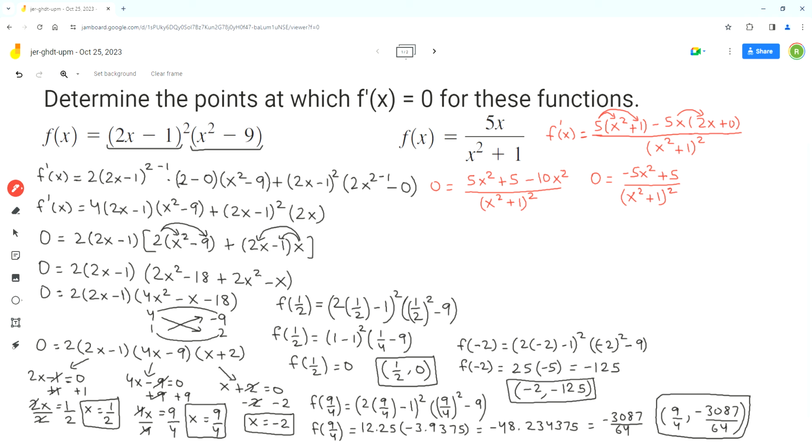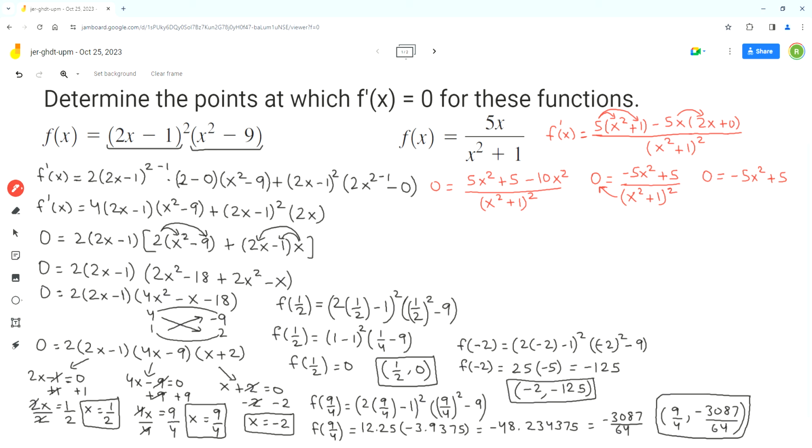Now we can solve this equation by cross multiplying the denominator, and that will make the denominator go away because 0 times any term is equal to 0. So we get 0 equals negative 5x squared plus 5.